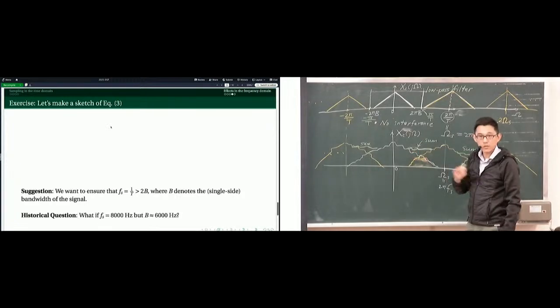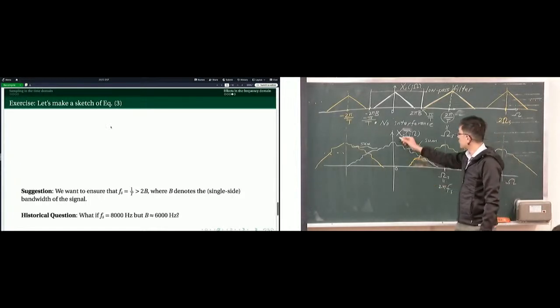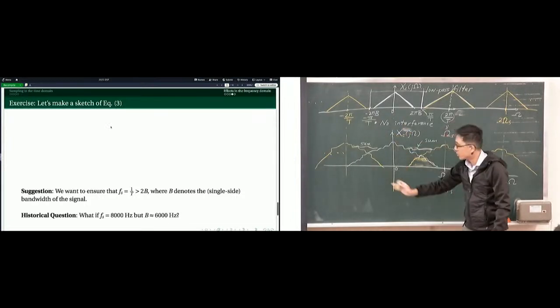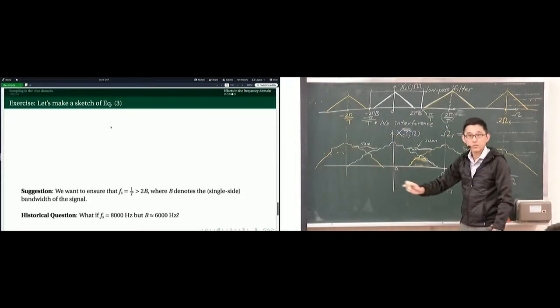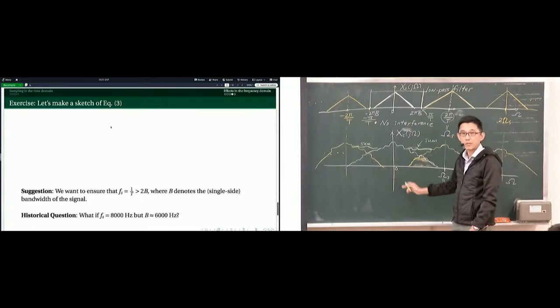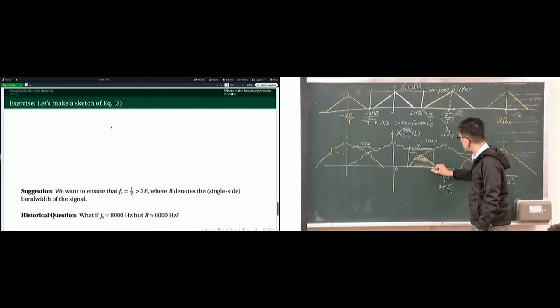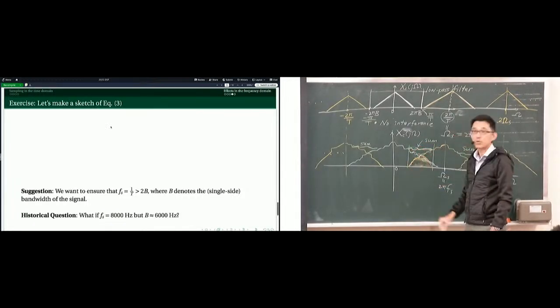We have the Fourier transform, and the result of the Fourier transform is, in the most general case, complex numbers. The spectrum belongs to the complex domain, right? So ideally, I should draw the real part and use another dimension to draw the imaginary part to be the most rigorous. But we don't bother to do that. But anyway, in this frequency range, this part of the spectrum is going to overlap with that part of the spectrum, and we are in trouble.